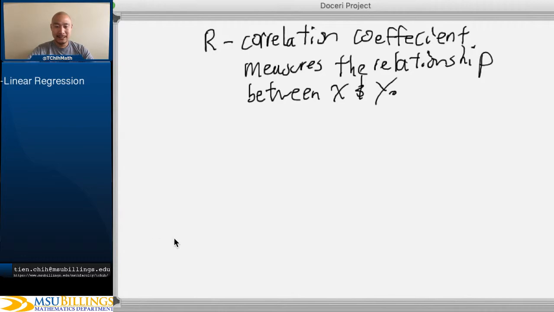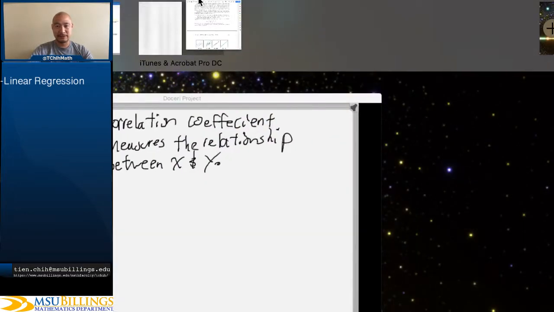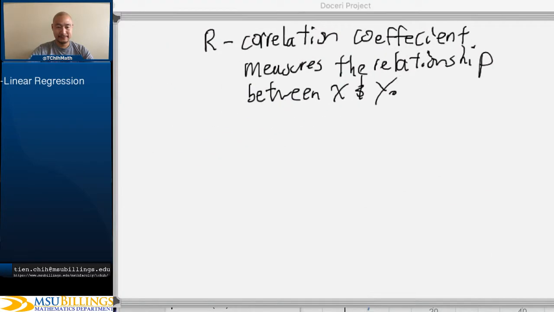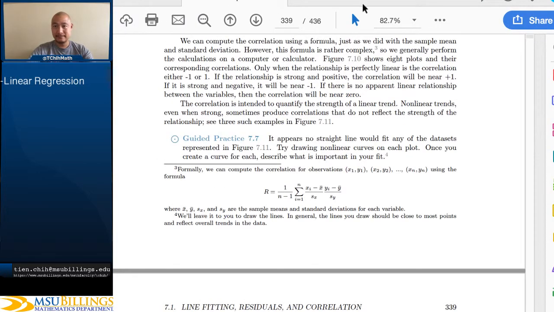And so there are good examples in the book. I'm just going to use those because they're already there.